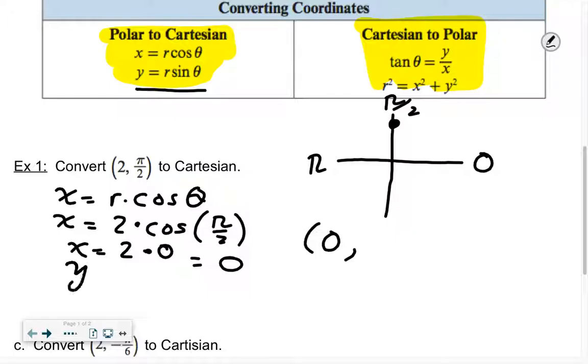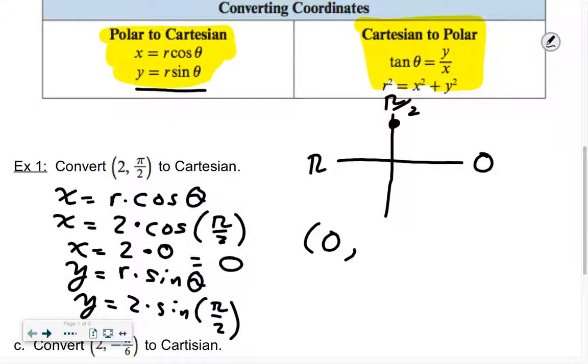We find our y. R times the sine of theta now. Radius is still 2. Theta again is pi over 2. Sine is our y value. What's the y value on the unit circle at pi over 2? It would be 1.